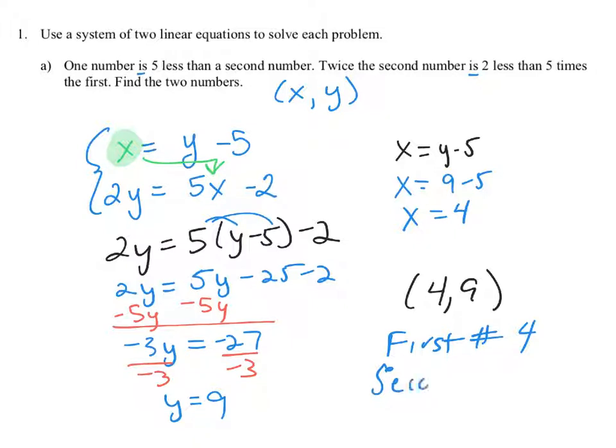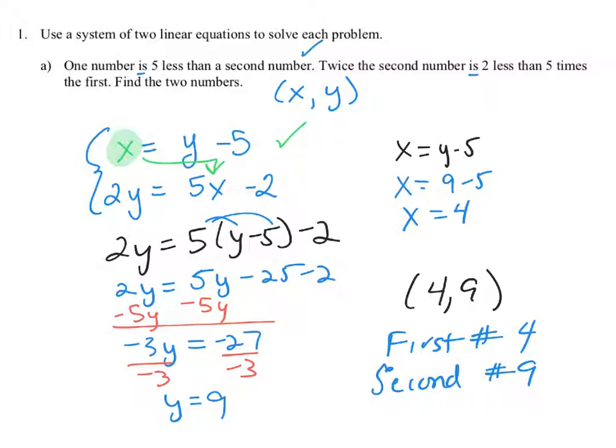second number is 9. Always a good idea to check your solution, and we can do that by looking at each original sentence. One number is 5 less than the second number. Well, 4 is 5 less than 9, so that holds true for the first sentence, which is our check step in the first equation.